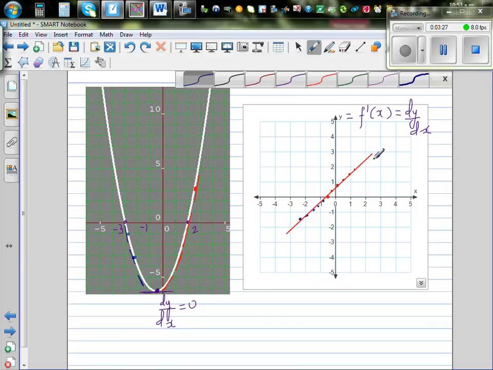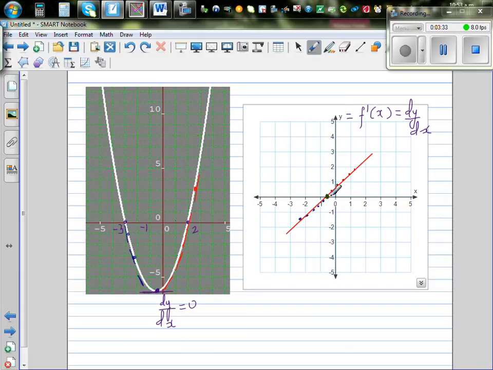At this point you have your gradient 0, to the right of this point you have a positive gradient, and to the left you have a negative gradient. So let us make sense of this. As we know the x-intercepts, let's make a guess: the equation of the graph can be y equals (x plus 3) times (x minus 2).